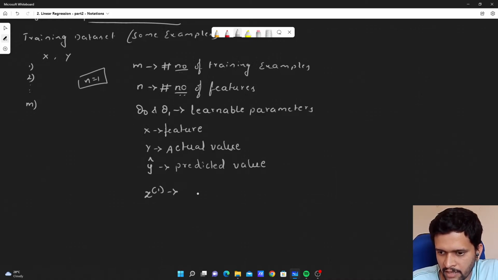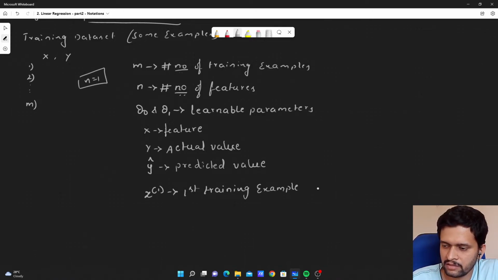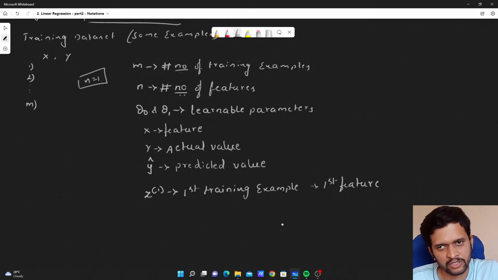Okay, since we have m training examples and only one feature, we can denote x1 as first training example, right? In this case, x1 stands for first feature because that's the only available feature in univariate linear regression. So x1 stands for first feature.